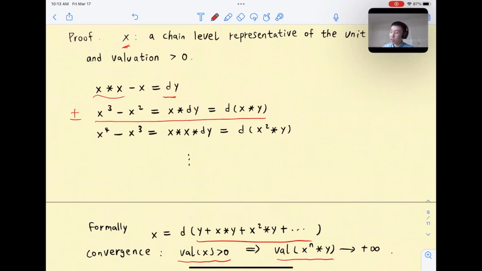So maybe another remark is that here the notation X to the, for example, X to the 3 is actually, strictly speaking, I should write it as X times X times X, since we do not need to assume the product structure is associative.